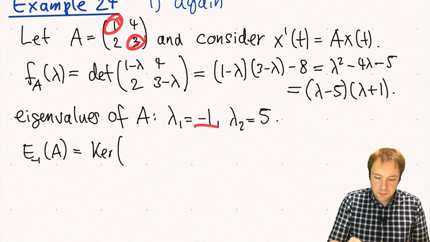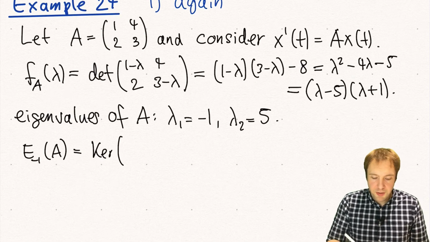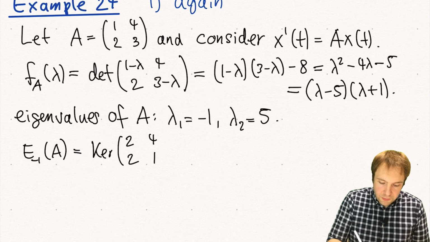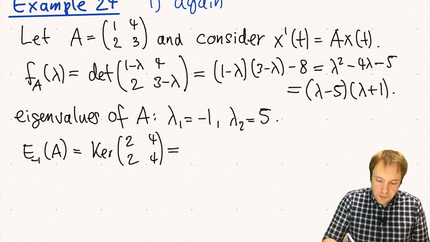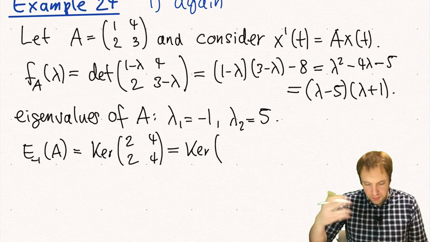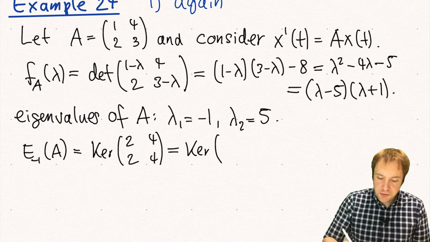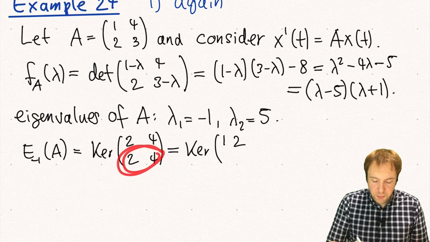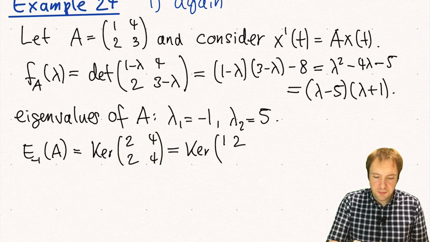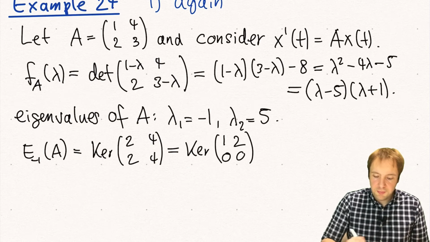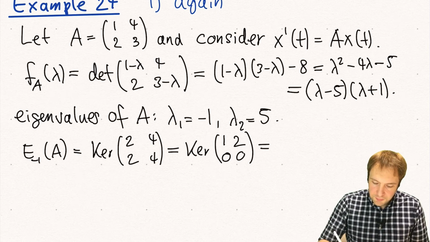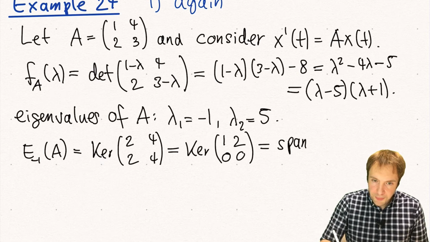So subtracting minus 1 means adding 1, so we have 2, 4, 2, 4. In the kernel of this, we would bring this to a row-reduced echelon form. In this case, we can erase this row by subtracting this and then divide this by 2. So we get the kernel of this matrix, and this is just the span of the vector, for example, minus 2, 1.